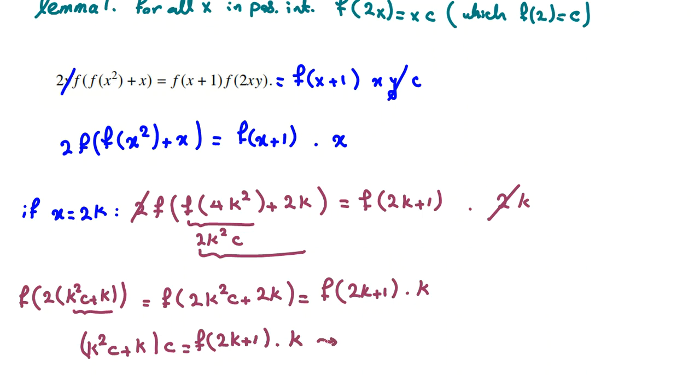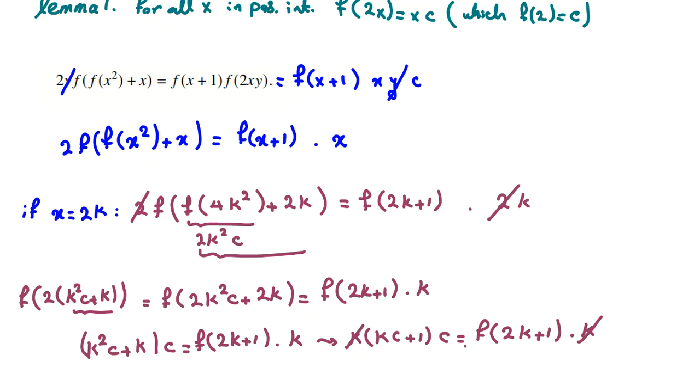times k. And now here, if we factor from k, it will be k times kc plus 1 times c equal to f of 2k plus 1 times k. And then we cancel both sides by k. We know k is a positive integer. Why? Because x is a positive integer, so k is also a positive integer.